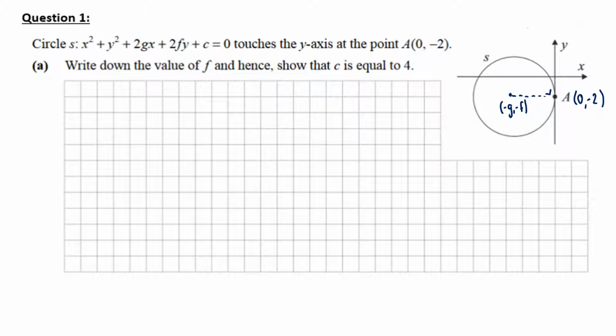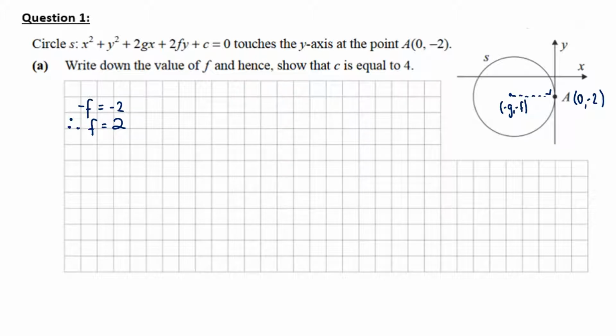That means we can use the y value of A to get the y value of our center point. So straight away, we know minus f is going to be minus 2, therefore f equals 2. So from our little picture here on the right, we can pull out f equals 2.